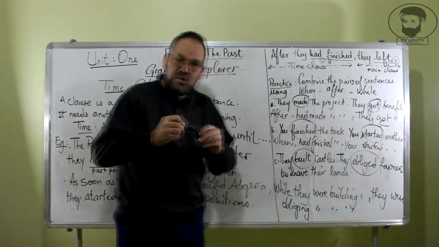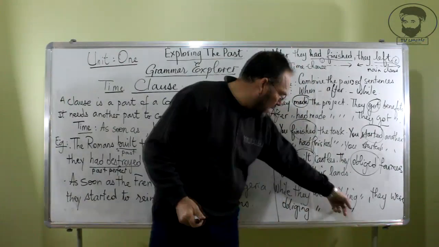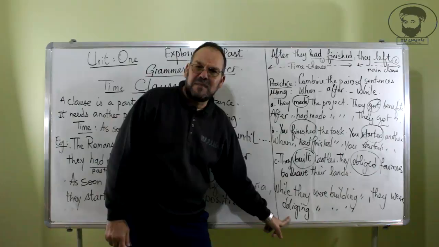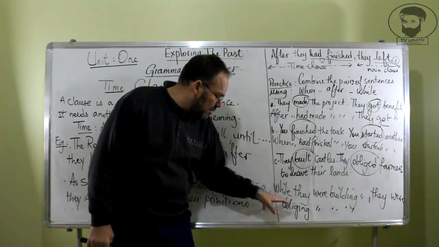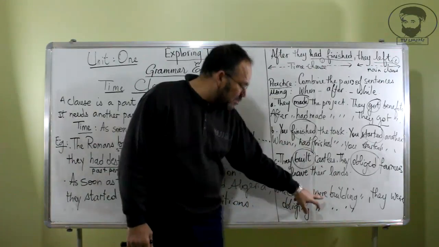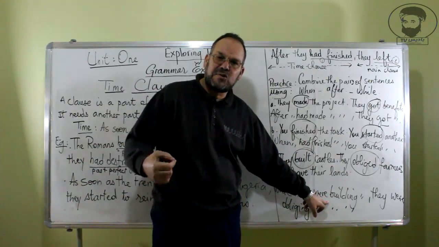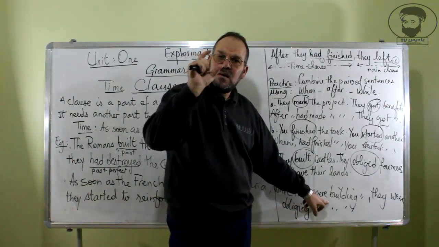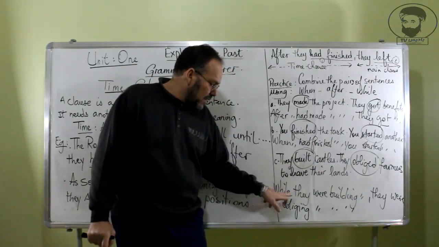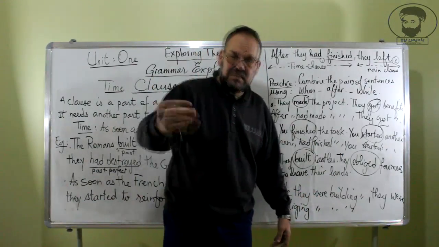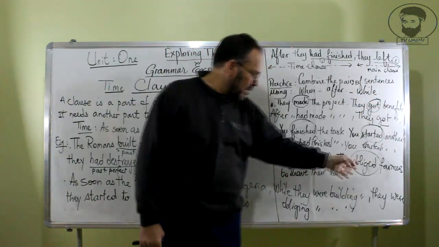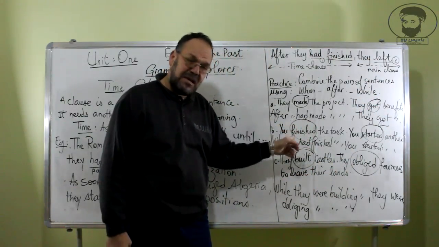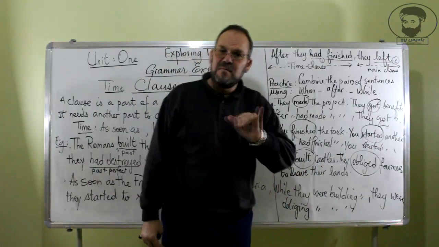It means the two actions of building and expelling people from their lands happen at the same time. After while, you are obliged to use a continuous tense. It's obligatory in the meaning because you cannot put the short tense after while. So while they were doing this, someone else was doing something else. So this is the expression of time. So be careful with this kind of thing.